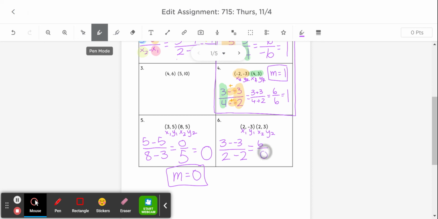And 2 minus 2 is 0. Remember what we talked about earlier this year? When we have a 0 in the denominator, that means that this is undefined. So our slope here is undefined. So it is possible to get a 0 slope, and it is possible to get undefined. I showed you what each of those looked like yesterday. This would be the answer that you would give.